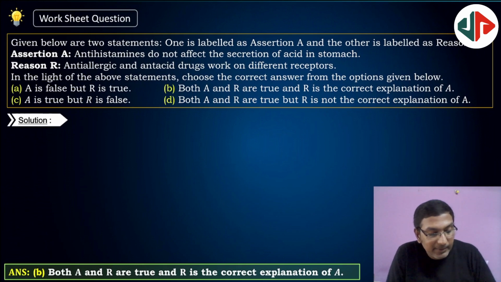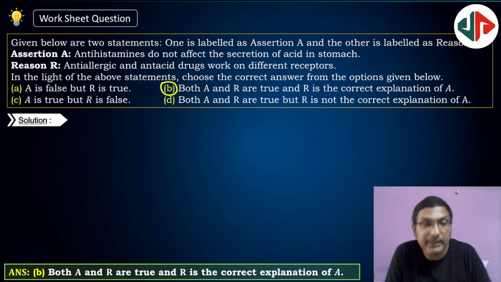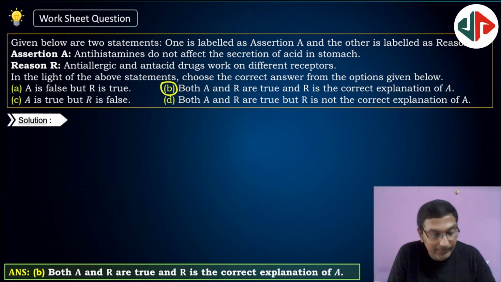So antihistamines do not affect the secretion of acid in stomach. That is correct. Anti-allergic and antacid drugs work on different receptors. So that is also correct. Both are correct and correct explanation. Therefore, option B. Direct question. Next.